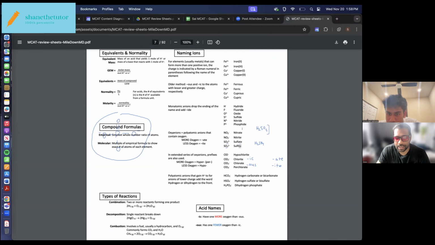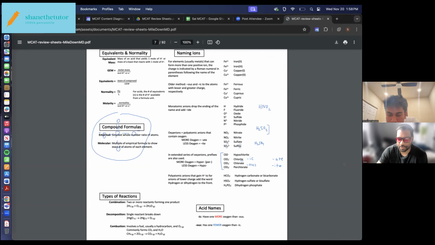And then what about this? Okay, so that's nitrite, so that should be nitrous acid. Yep. And then you can see for the chloric ones, we have four possibilities.